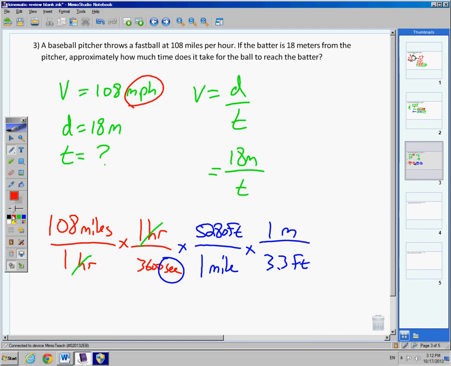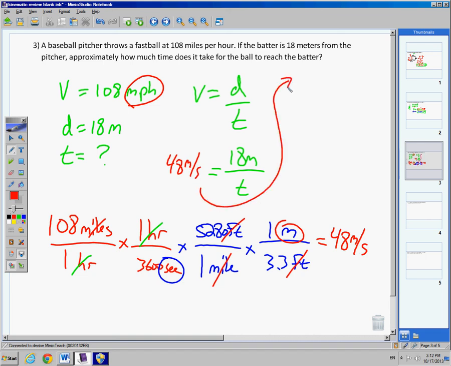Looking at that, I have my miles cross off, my feet cross off. I'm left with meters. That gives me an answer of 48 meters per second.